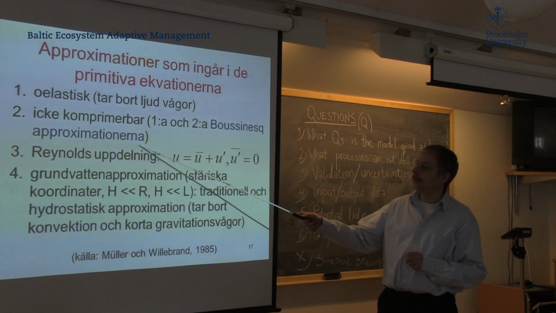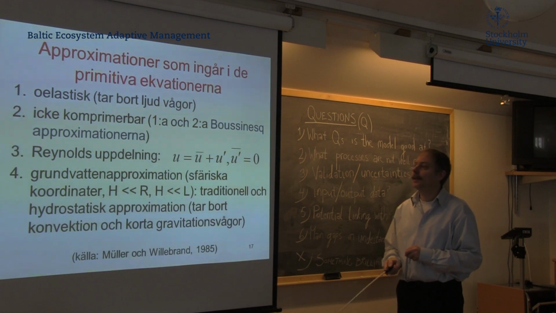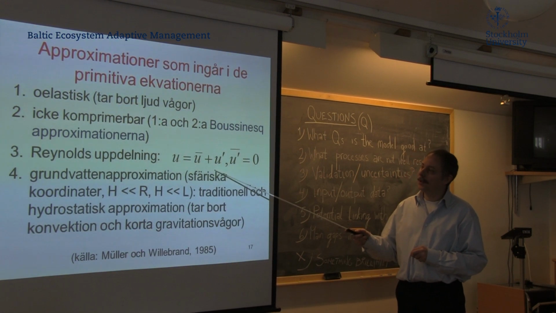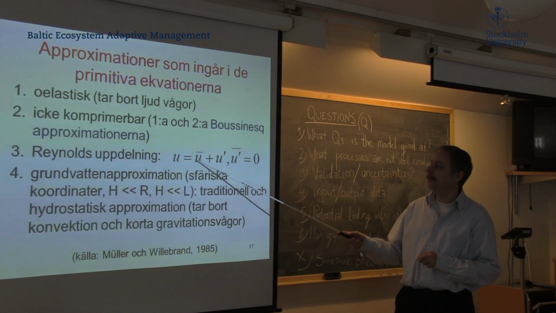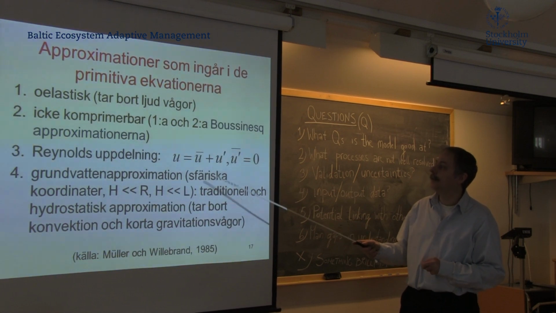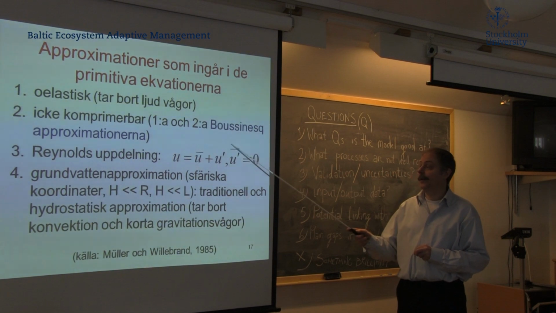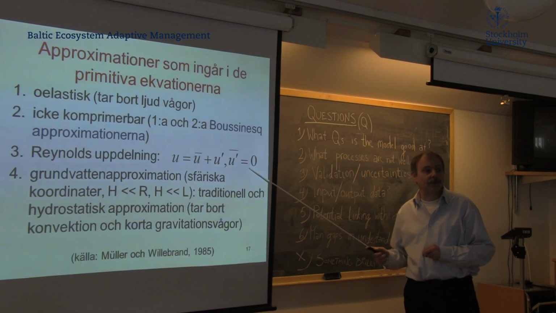We have something that we call the Reynolds separation. So we develop these equations by separating the variable, for instance the velocity, into a mean and a fluctuation part. And if we calculate then the average over the fluctuating part, then it's by definition 0.